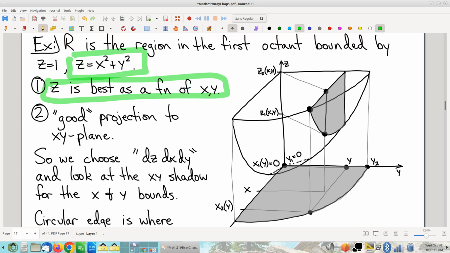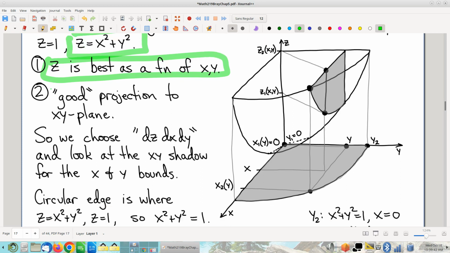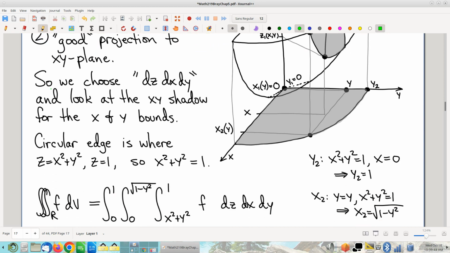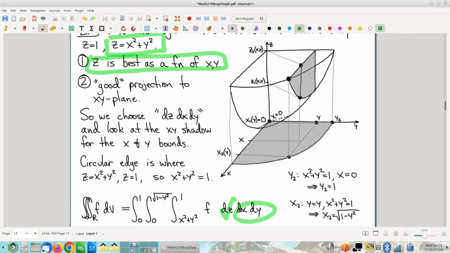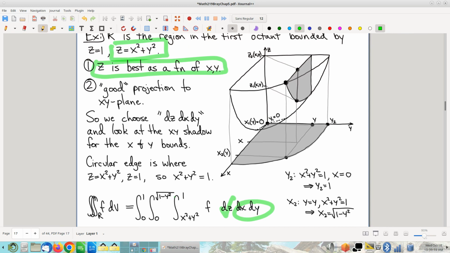It doesn't require any square roots. And so based on that alone, I'm thinking I want to put dz on the inside, and therefore dx and dy on the outside. All right. Okay, everybody on board?